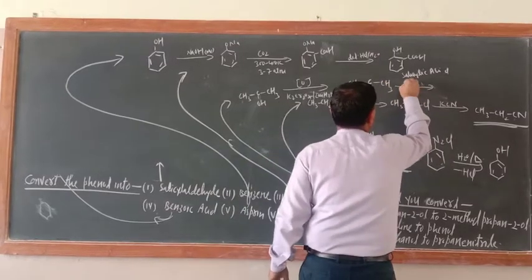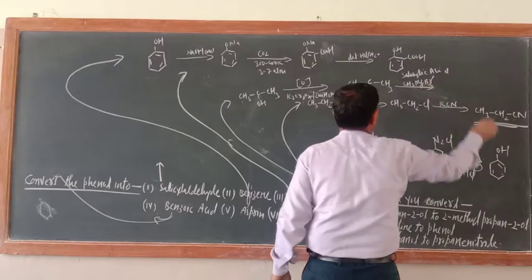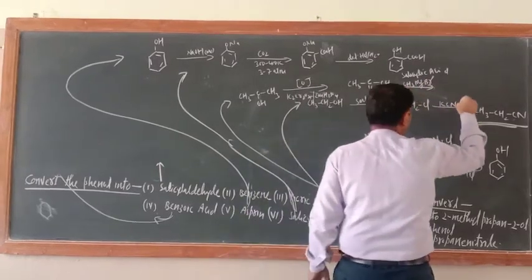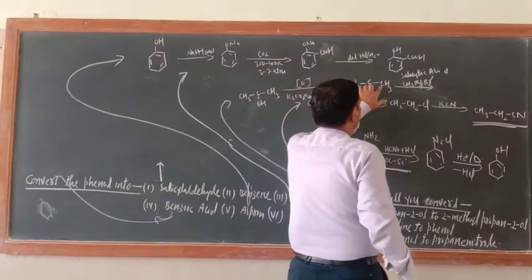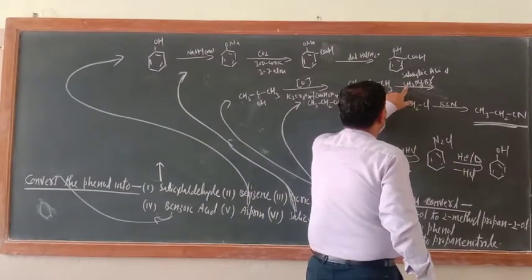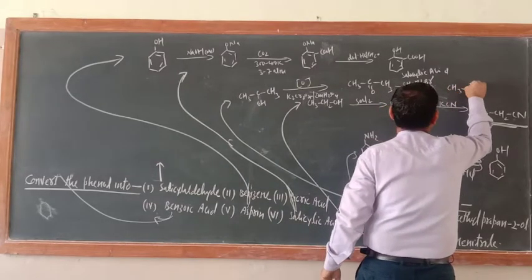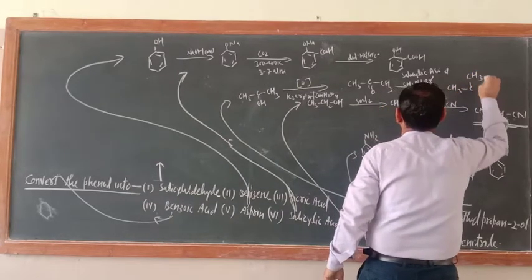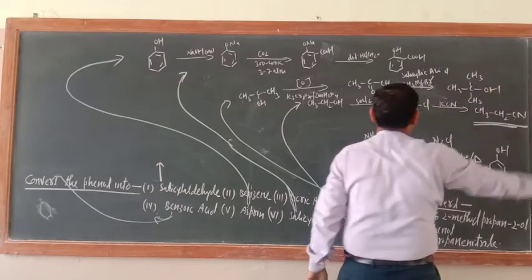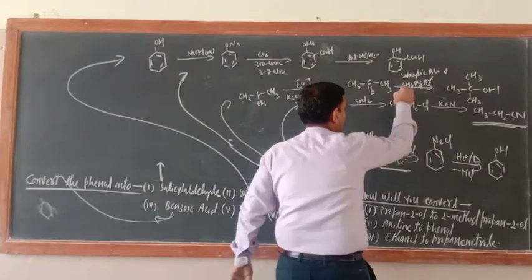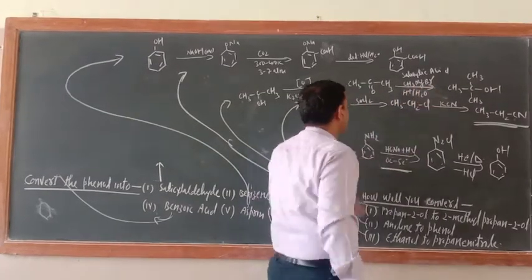And then CH3MgBr, Grignard reagent. Then what you will get? Just see. Already 2 alkyl groups are there. 1 alkyl group should be here. So your product will be CH3C, here also CH3, here also CH3, and here OH. What is the condition? H positive, H2O.